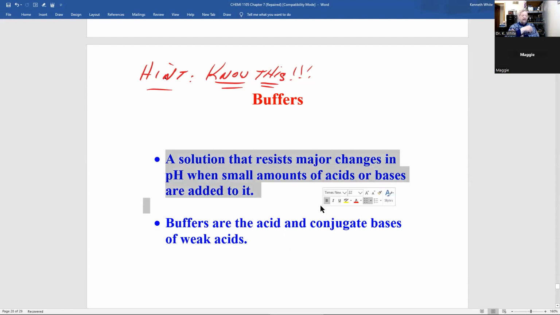Now, I won't go into it in this class, but buffers are the acid and conjugate bases of weak acids. But the key thing you should know is when you add a small amount of an acid or base to a buffer solution, the pH does not change. I'll say it again.